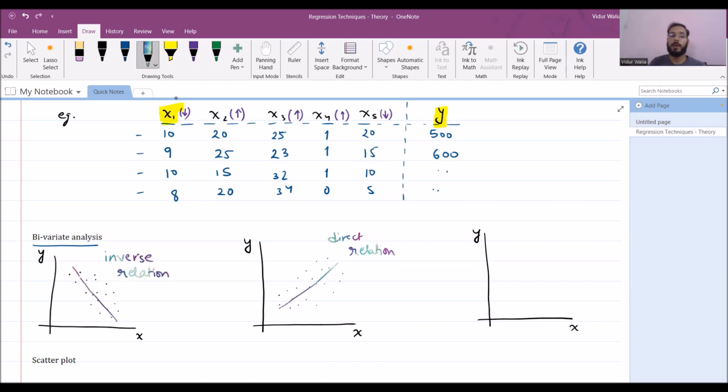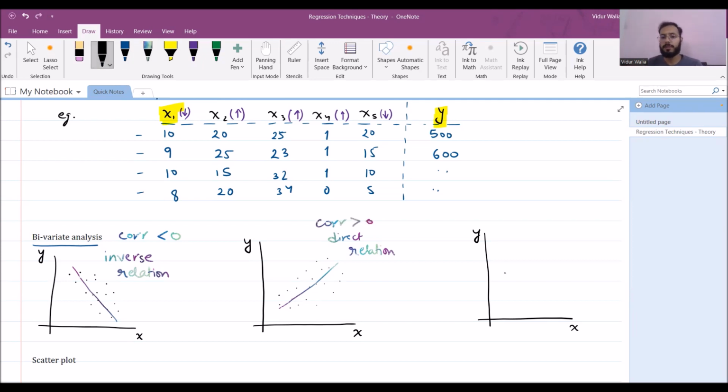Now you must have heard about correlations. Oh, sorry, negative correlation. Correlation would be negative over here. Since there's an inverse relationship, correlation has to be less than zero. Here, my correlation has to be greater than zero.